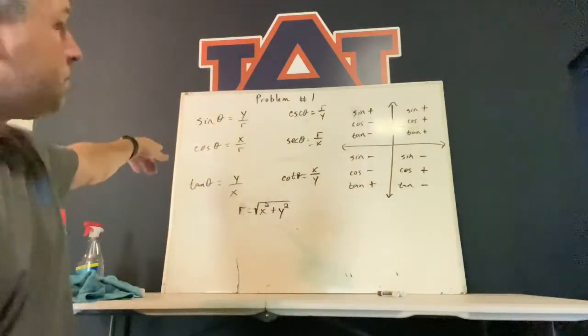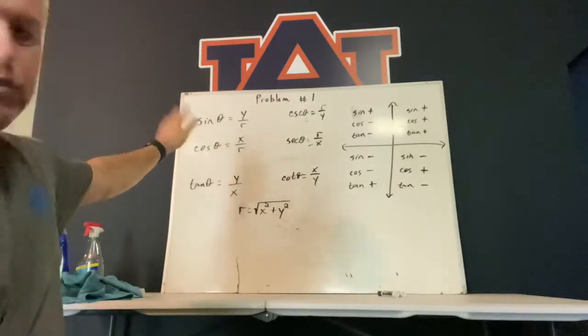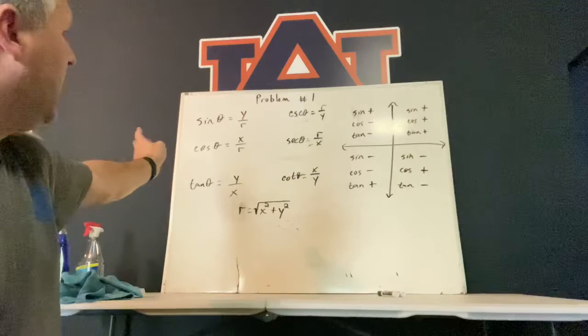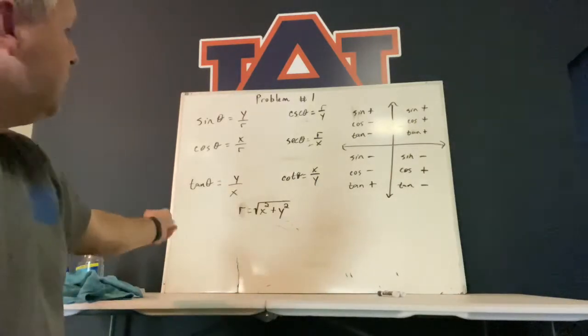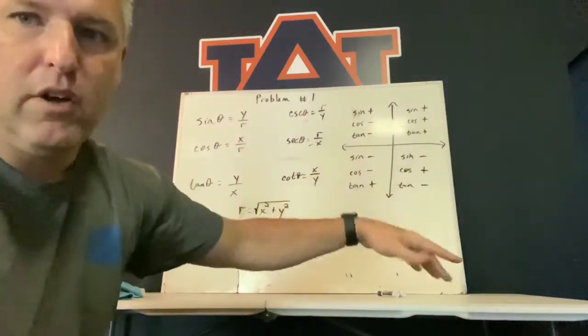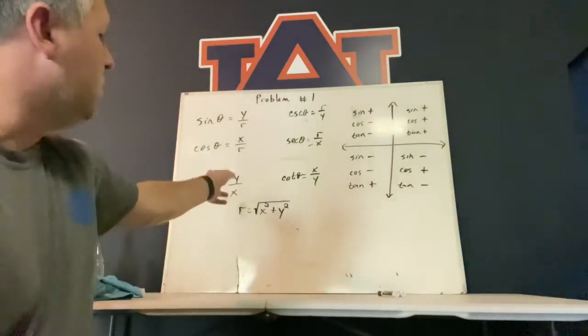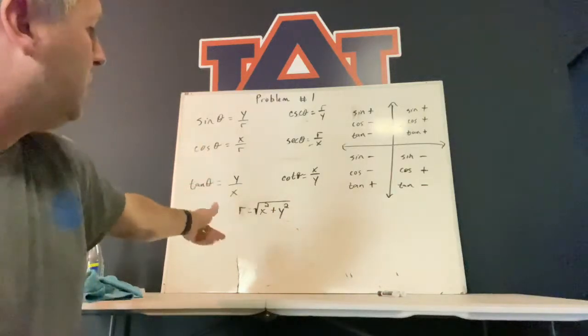All right, so for this, sine is y over r, cosine is x over r, tangent is y over x, and the inverses of those are true as well. r is equal to the square root of x squared plus y squared.